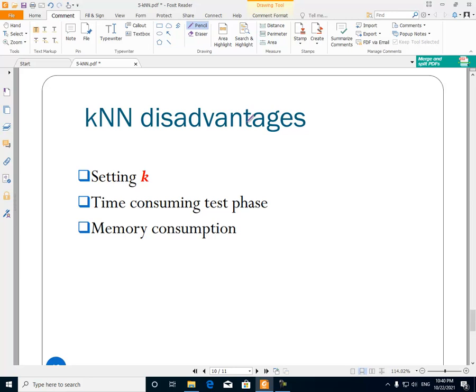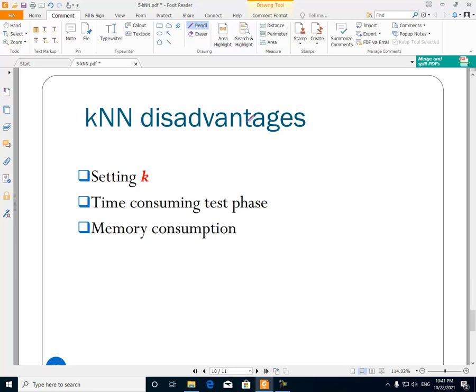We don't know the optimal value for K, so we could use some trial and error on a data set to see what is a good value for K.